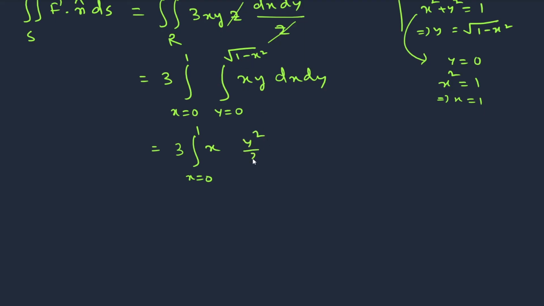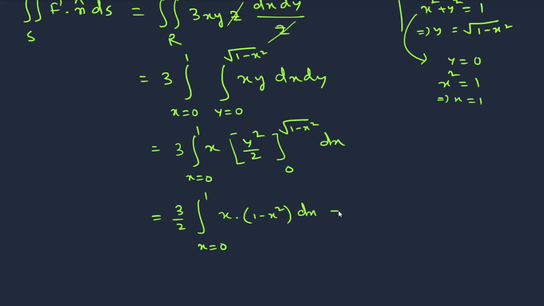So it's y square by 2 between the limit 0 to root over 1 minus x square, dx will be left out. So 3 by 2 will be outside, x from 0 to 1, x into, now if you put the limit in place of y, it will become root over 1 minus x square whole square. So root will vanish, 1 minus x square dx.